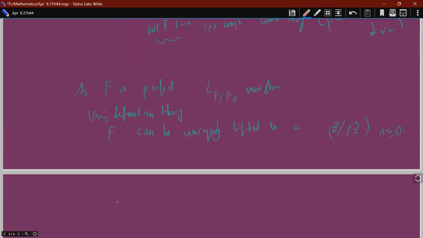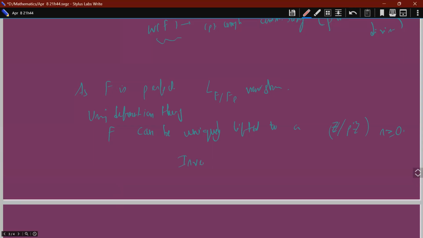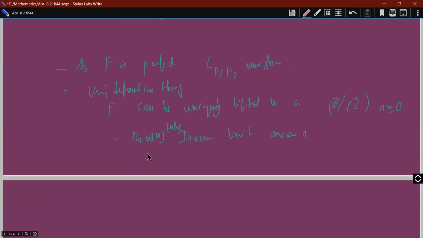We get the ring of Witt vectors by taking the inverse limit over N. I'm not going into the detail, just the inverse limit over N. That's the way you construct it. There are other ways of constructing it as well, but this one works and makes it a bit more compatible in a way.